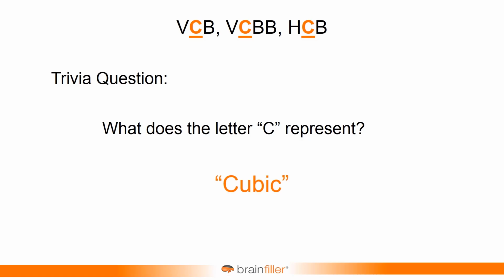Originally we called it vertical electrodes in a cubic box, but then we recognized not all the enclosures are cubic. The sizes aren't always going to be the same, and the definition of a cube is that all the sides are the same. So we still have C in there because that's an acronym we've been using. We just got rid of the reference to the word cubic. So if you see VCB and you're wondering what that is based on, it's a carryover from how this all started when we referred to it as a cubic box. Little piece of trivia there.